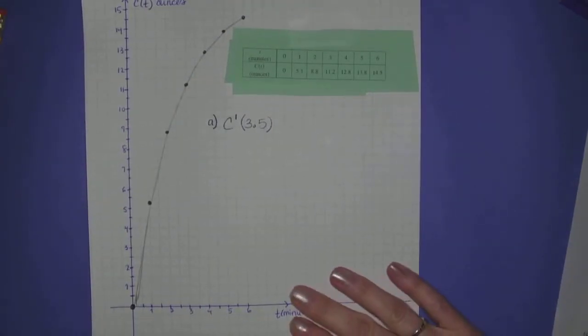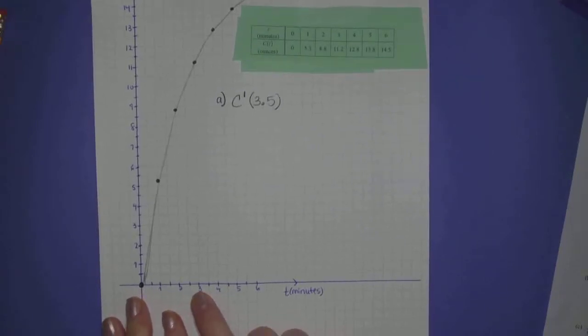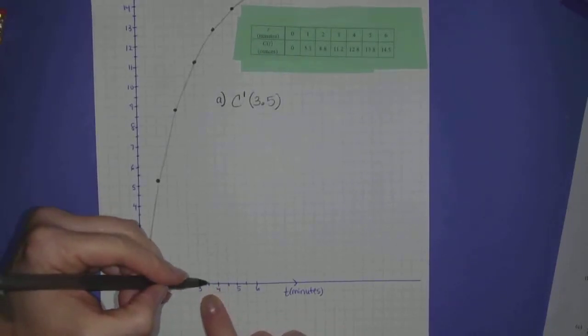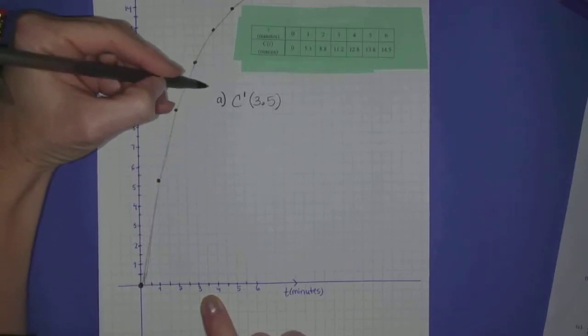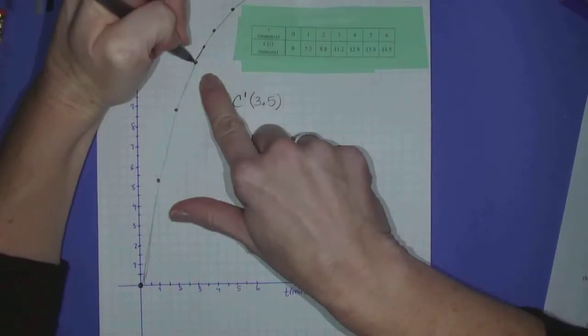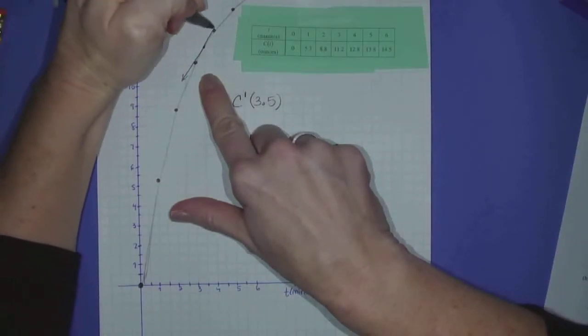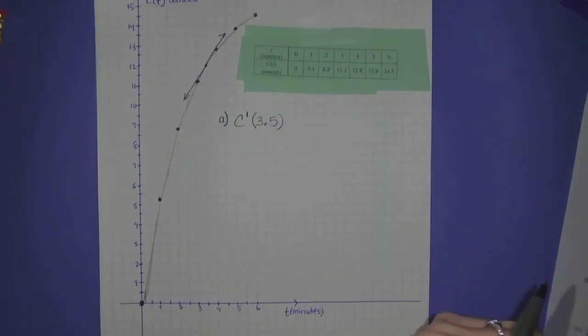So what I'm really doing, if I want to look at it in a picture, if I go to 3.5 here on my x-axis, come up to the curve, I'm about right here. And I'm looking for the slope of this tangent line. We studied that a while back in honors calculus.